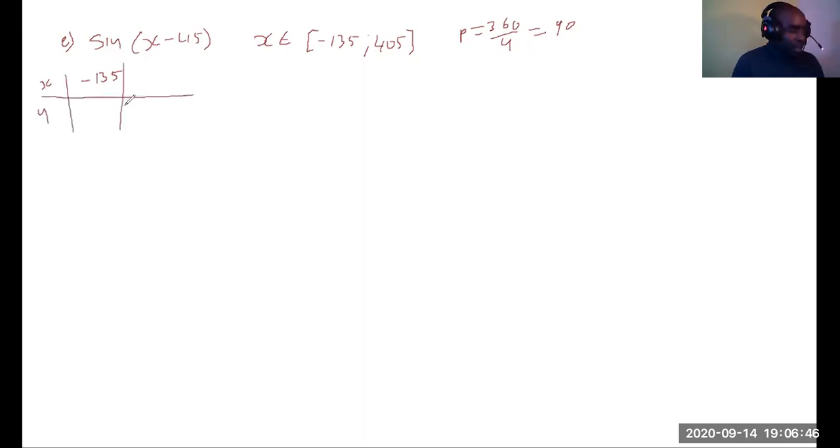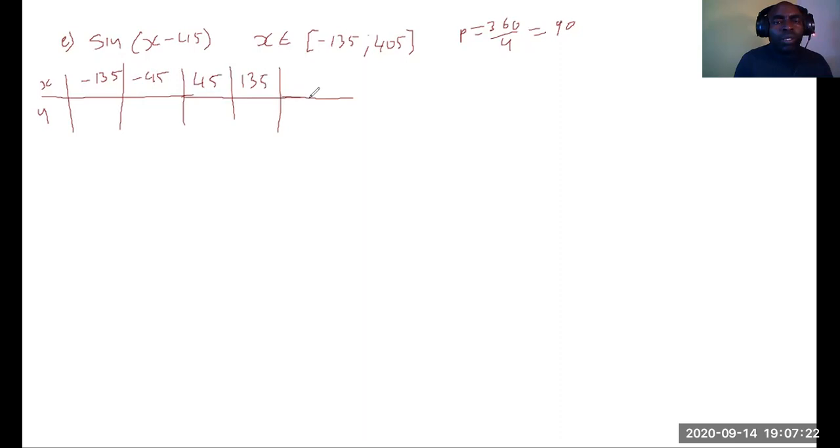Now if we add the 90 here, we will get minus 135. If we add our 90, we get negative 45. If we add the 90 there, we have got 45. If we add 90, we have got 135.